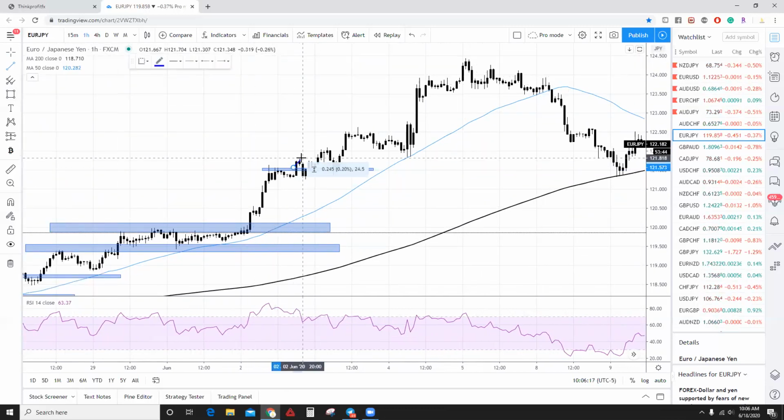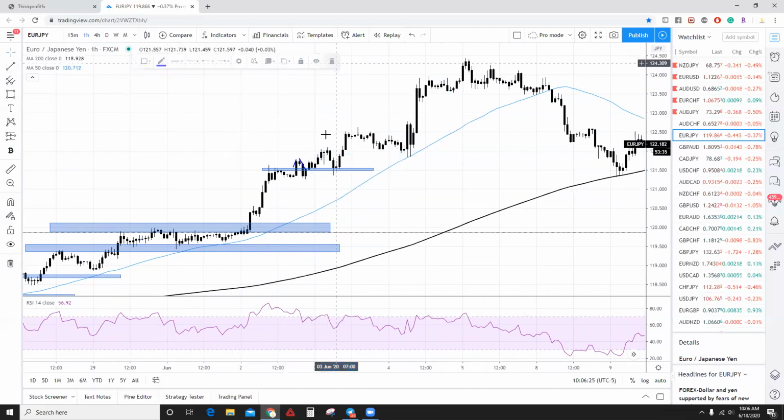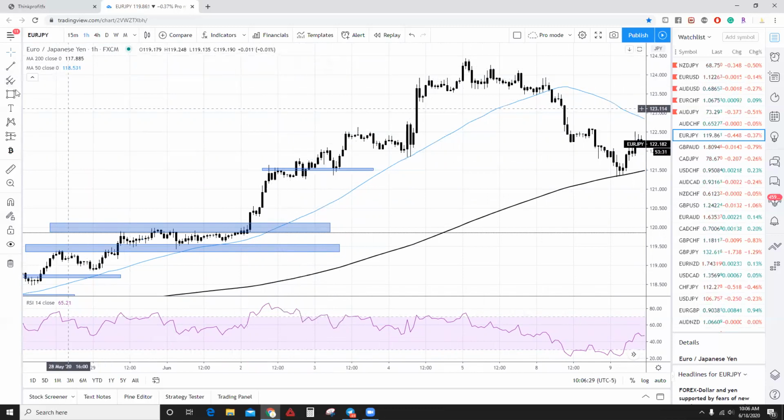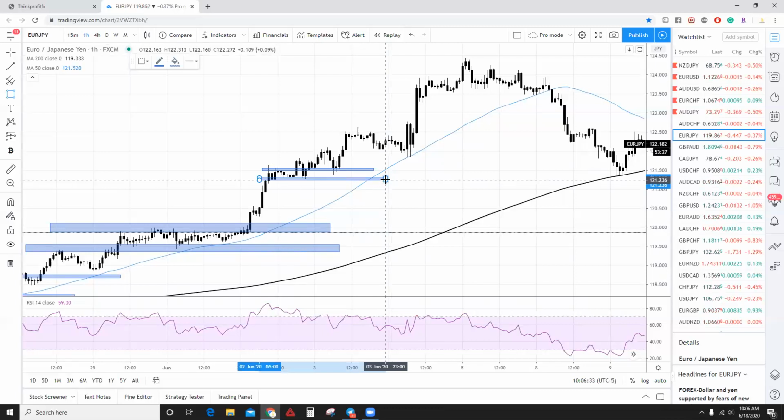Pag break, gusto ko mapababa, then continuation, di ba? Hindi yan na-happen, pero it still went up kasi yung last na support, diyan nag-respect yung price niya instead. Hindi ito sa maliit na resistance.